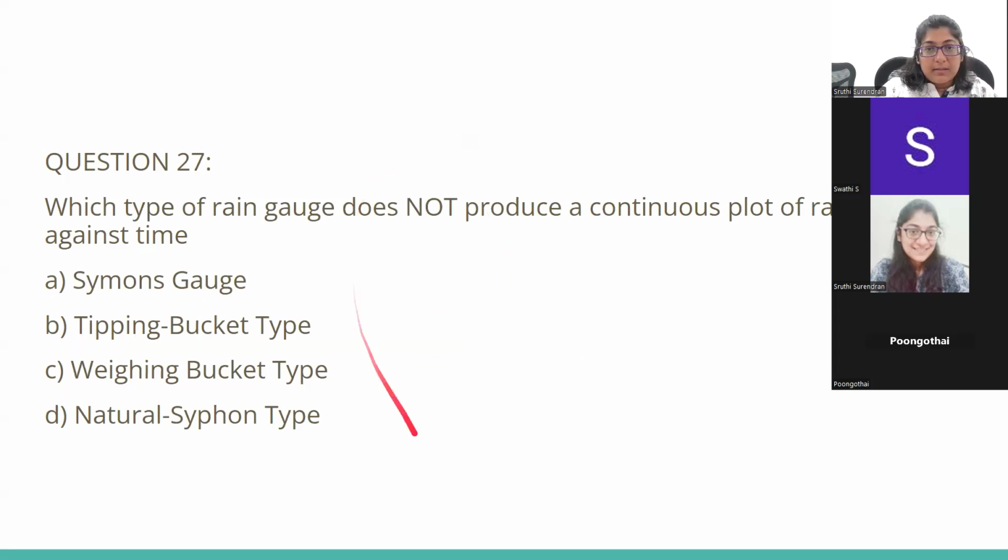Now, which type of rain gauge does not produce a continuous plot of rainfall against time? Is it Simon's gauge, tipping bucket, weighing bucket, or natural siphon type?